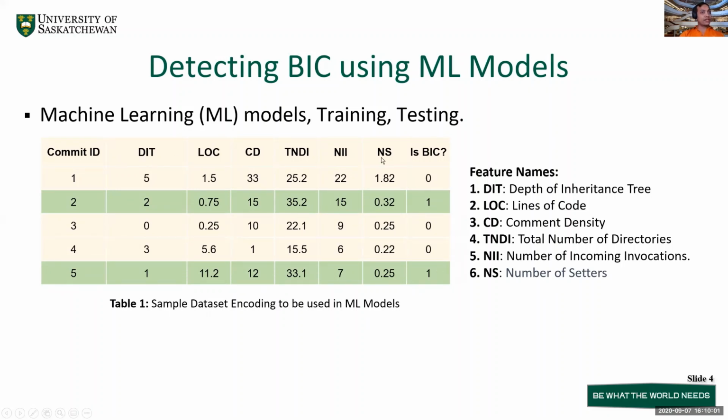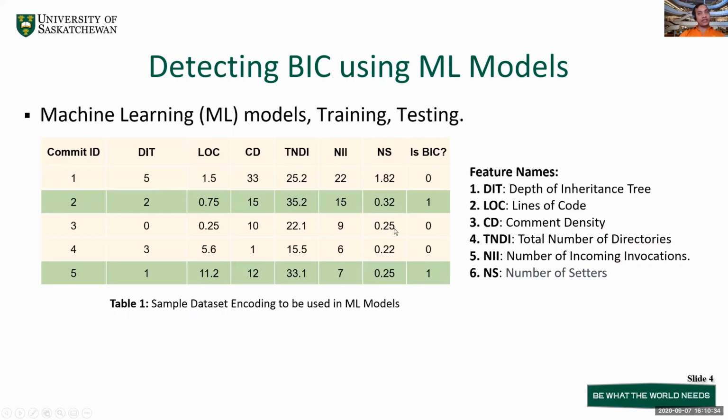In the data table heading, you can see some table columns such as depth of inheritance tree, lines of code, comment density, and total number of directories. Those are the quality metric values which I extracted using a tool, and I put the quality metric values against each commit ID to represent the commits.